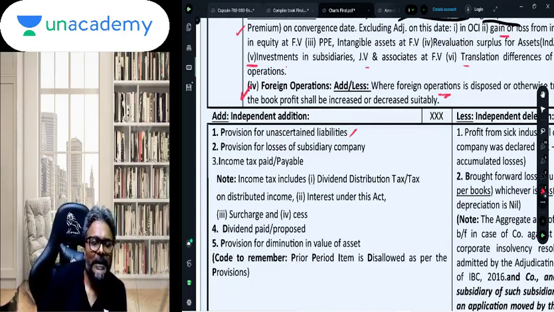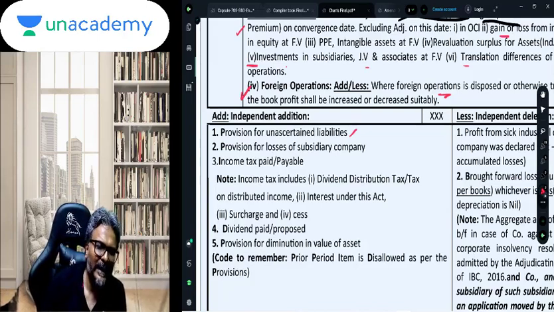The second point is about the provision for losses of a subsidiary company. Obviously, students, in the accounting you may try to book a loss of your subsidiary company. You may debit the loss of the subsidiary company, but the income tax law has its core principle which says that only the person who has incurred the loss would be eligible to do the adjustments.